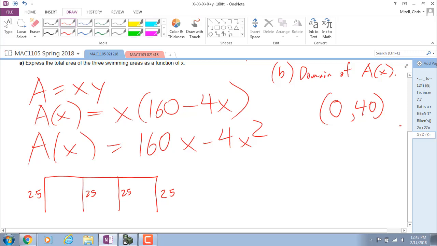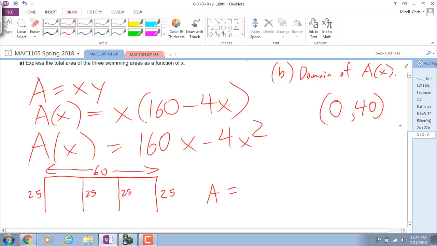That's 100 feet of rope. And we have a total of 160, so that leaves us with 60. So if we make it 25 by 60, then the total swimming area, that'd be one way to do it. How much area would that enclose?